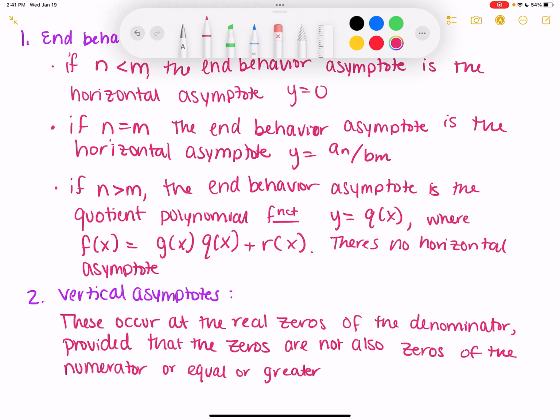Remember, that's just how many times they occur. So again, vertical asymptotes occur where the denominator is equal to 0. As long as they're real zeros, not imaginary, it's a vertical asymptote.